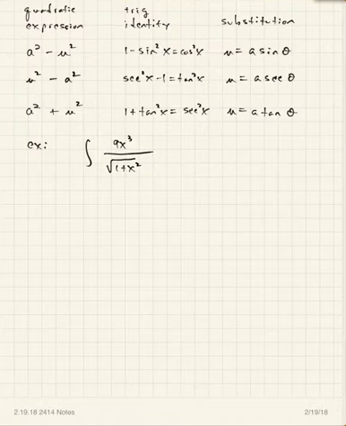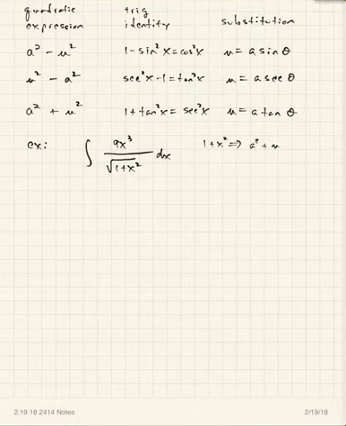So there's our chart. Okay, so you identify the algebraic expression, or the quadratic expression, that's in your integral. This should be a dx here. And so you've got that 1 plus x squared in there, right? That 1 plus x squared matches up with a squared plus u squared, where a would be equal to 1 and u would be equal to x.